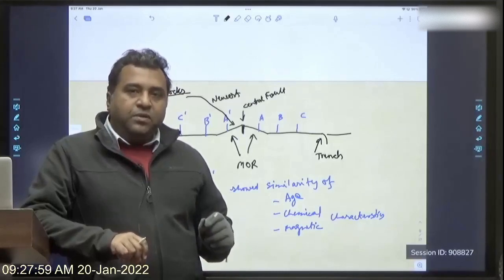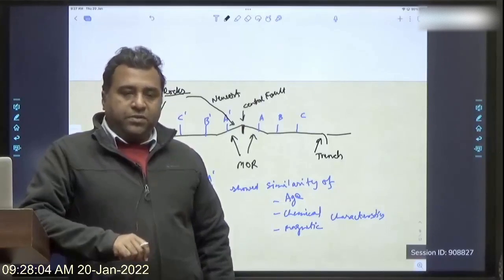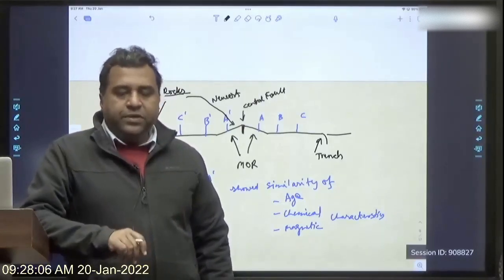I hope you remember that focus word, how deep the focus point is. Shallow focus. We'll understand why all this, don't worry.